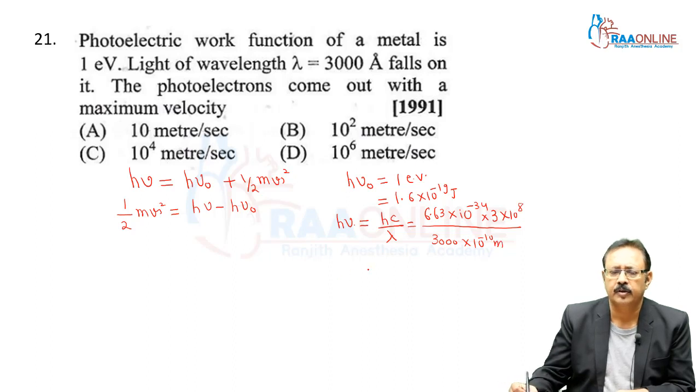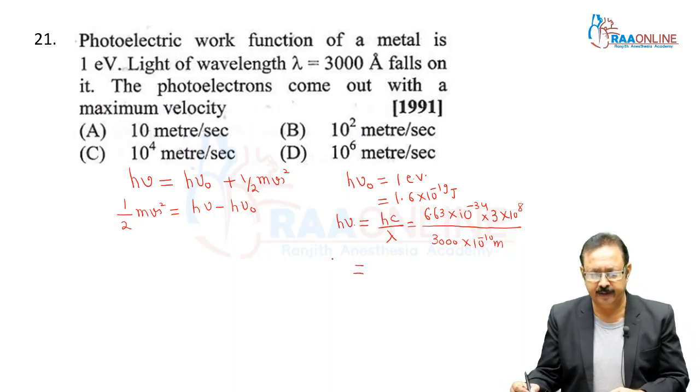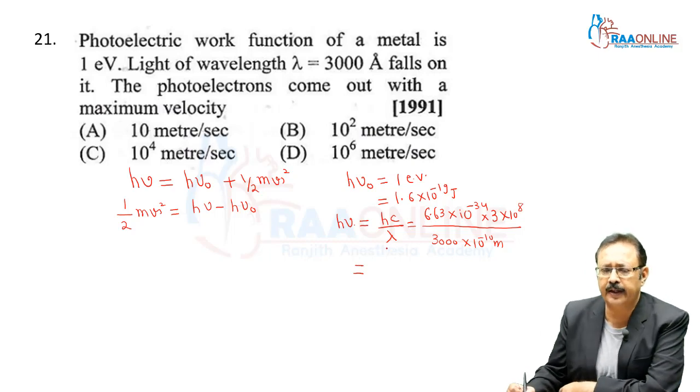So what energy did you send? We are calculating that. Cancel this 3 with this 3. Now only zeros are in the denominator, so the number is only 6.63 into 10 to the power.